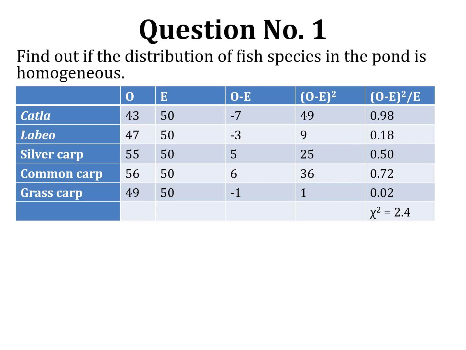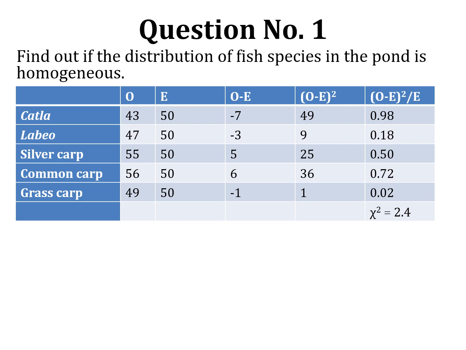Then the next column is the difference between the observed and expected frequencies, which is -7 for catla, -3 for labio, 5 for silver carp, 6 for common carp, and -1 for grass carp.